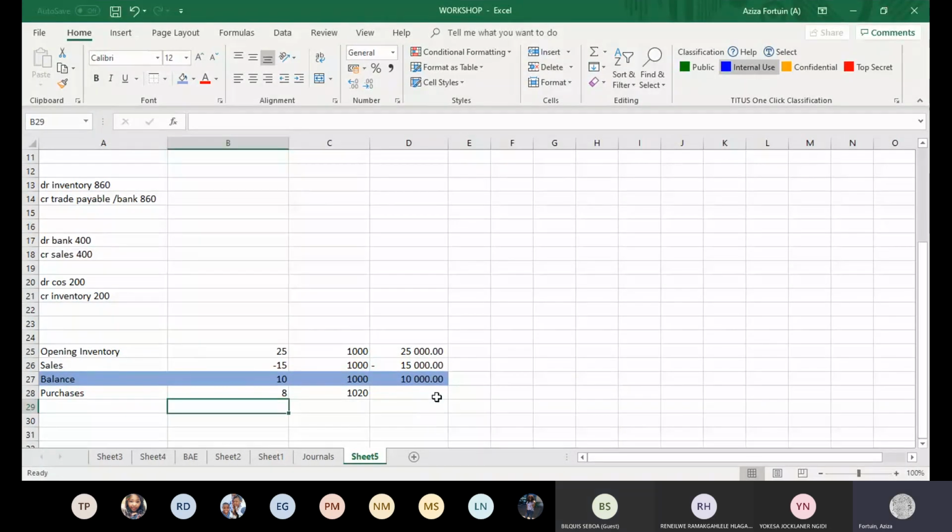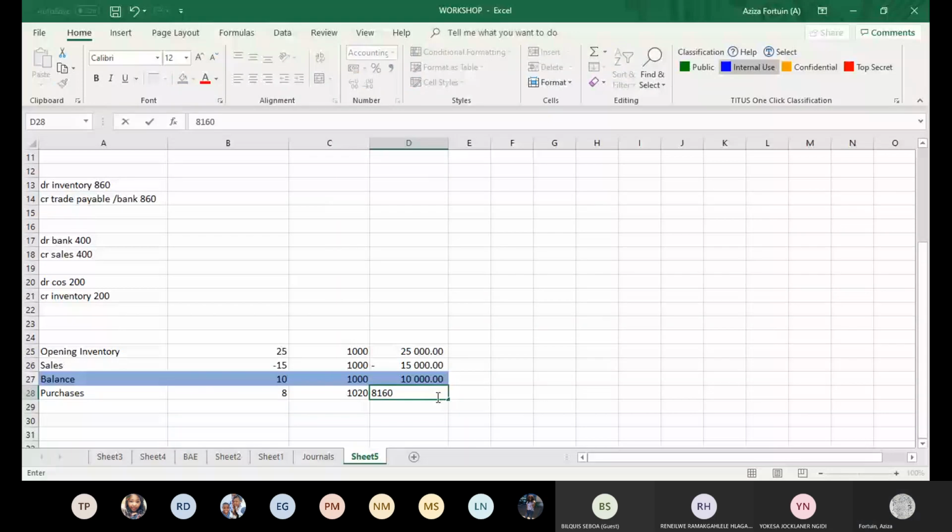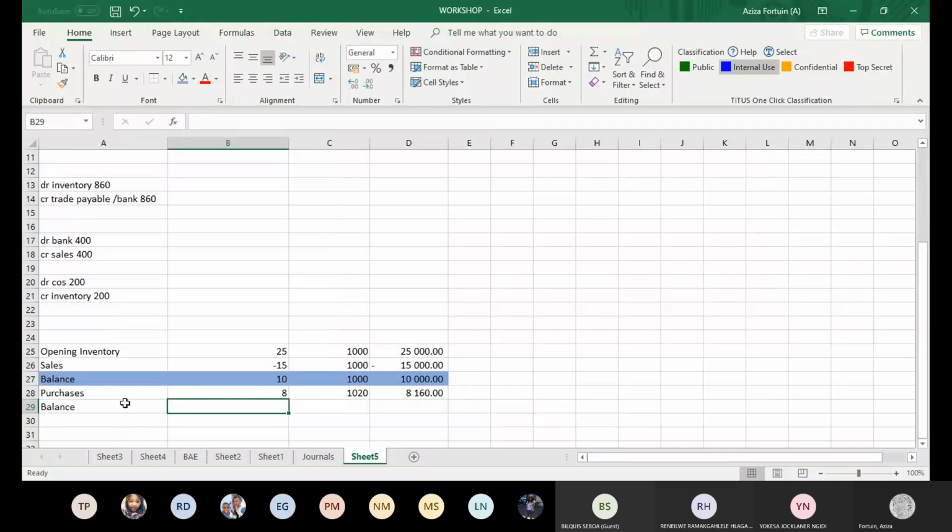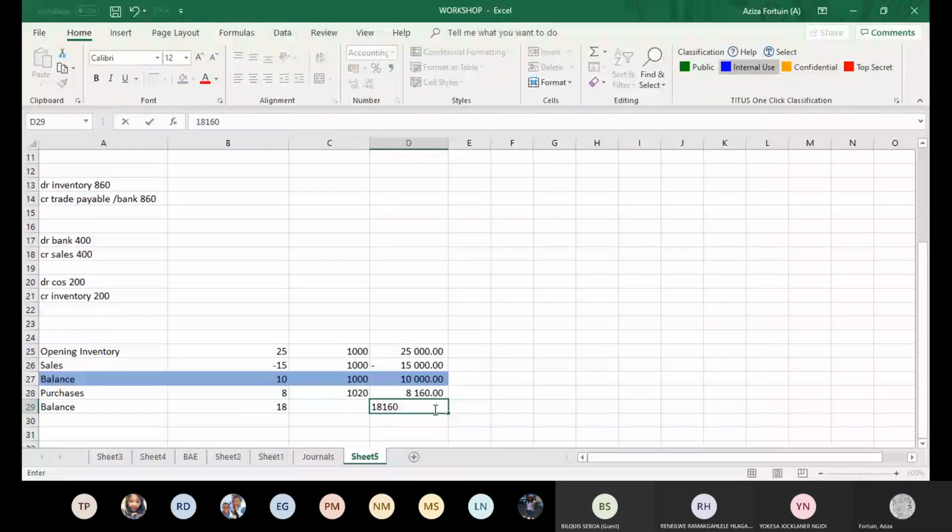Okay, so what is my balance now? 18 units, 18,160. Right, and then we have to divide our 18,160 to get our average. But we're not busy with the average, so let's just put the asterisk there.